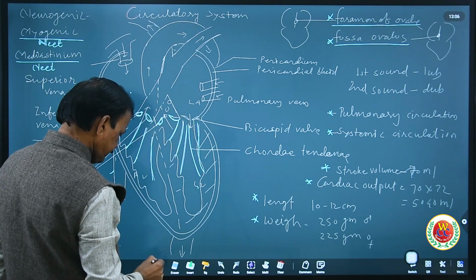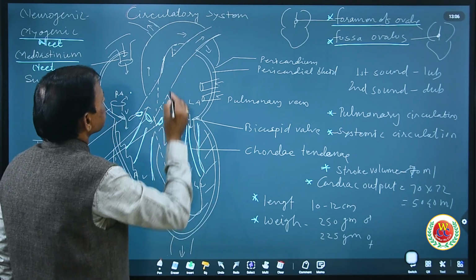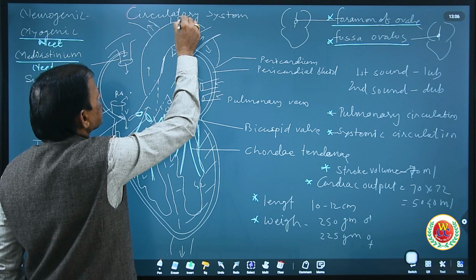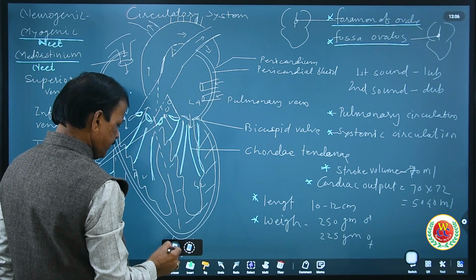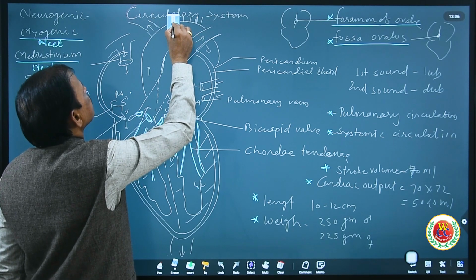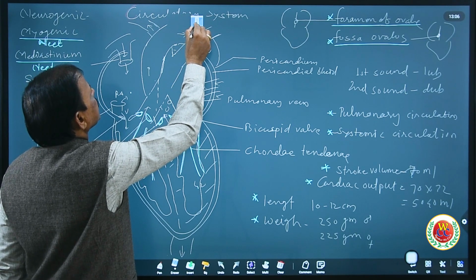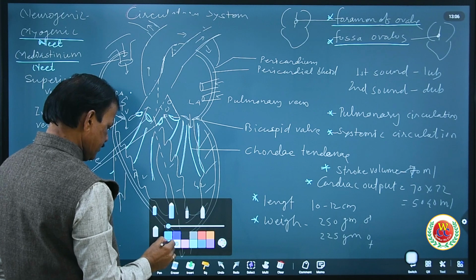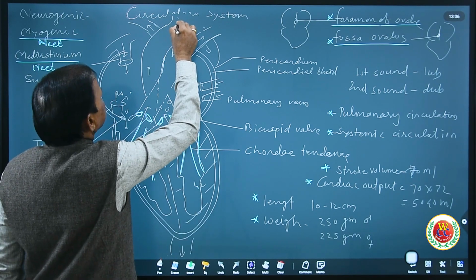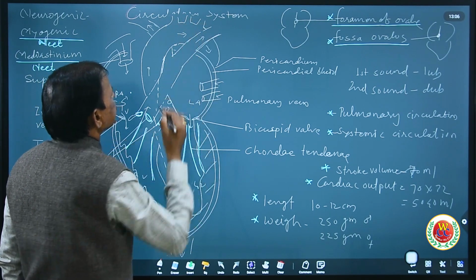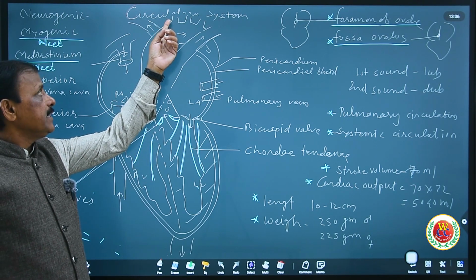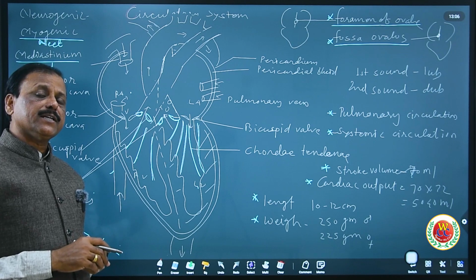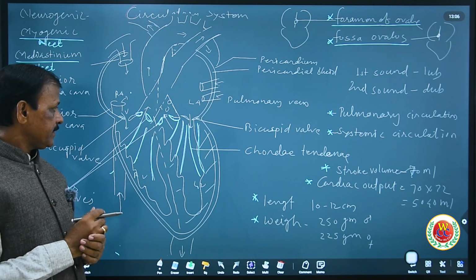Here there are 3 arteries which open from here to pass blood to the upper part of the body. So once again, this is 1, this is 2, this is 3. One of them is the carotid artery, internal carotid and external carotid, that supply blood to the brain.